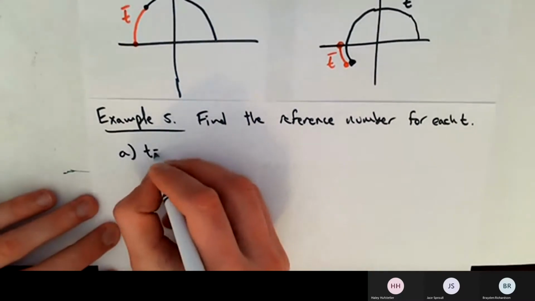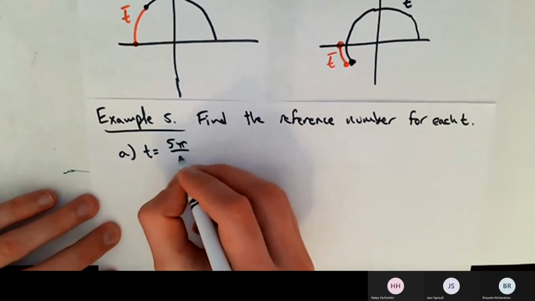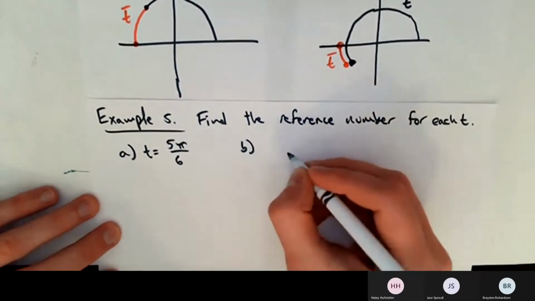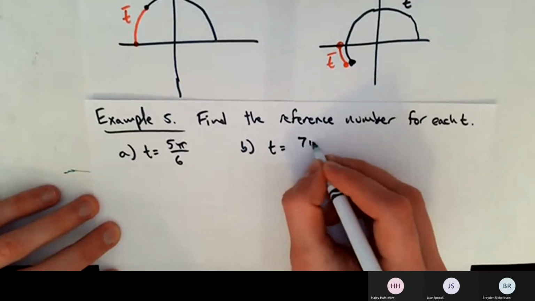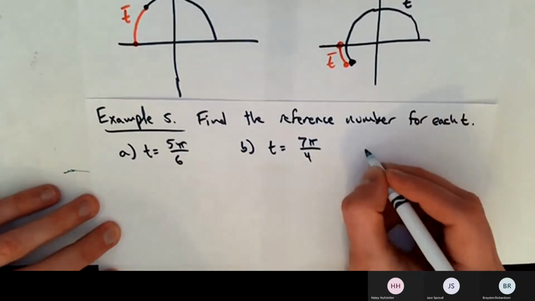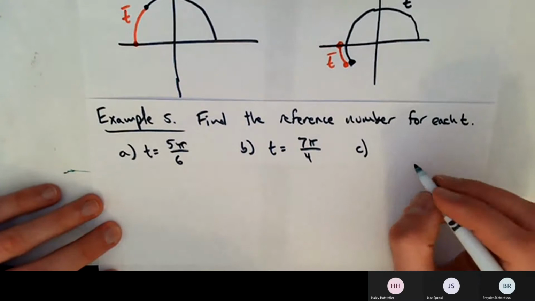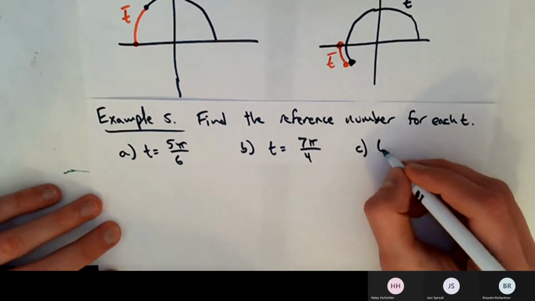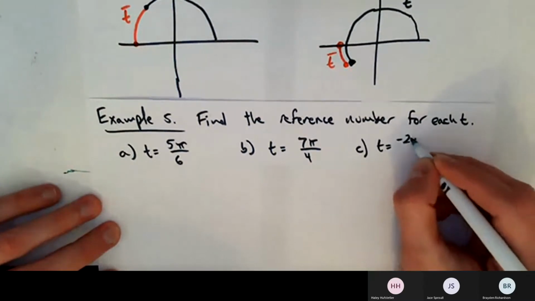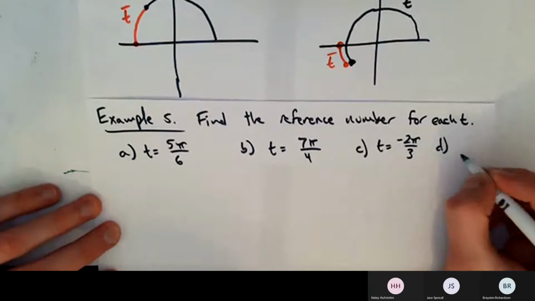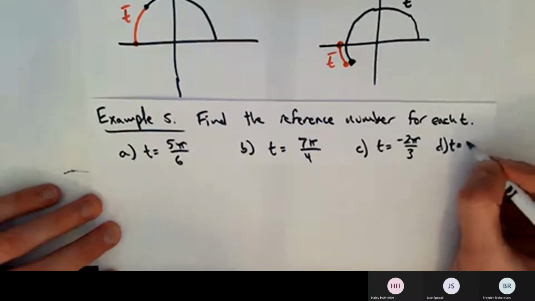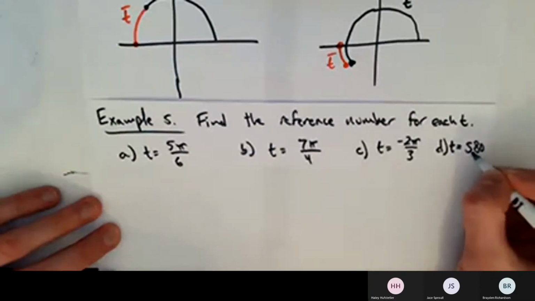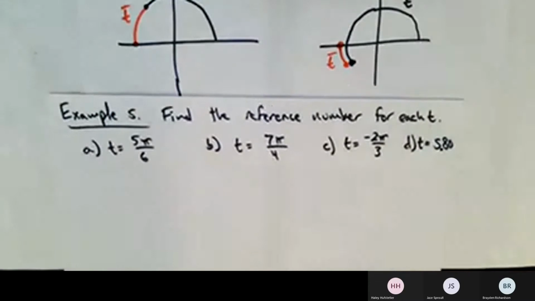Part A says t is equal to 5 pi on 6. Part B is t is equal to 7 pi on 4. C is t is equal to negative 2 pi on 3. And D is t is equal to 5.80. So that's a weird one, but that's okay. We'll deal with it.